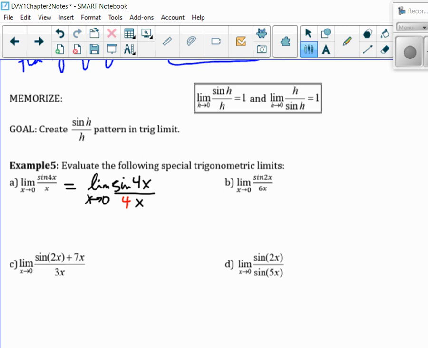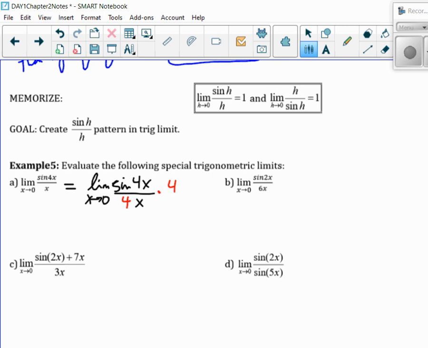Do you see I have now the setup of sine h over h? It's the same thing on top and bottom. I can't just do that, though. So what do I do to compensate? Oh, come on, you guys. Yes. Does everybody see I can do that? That's legit because the 4s would cancel. I have exactly what I had before.